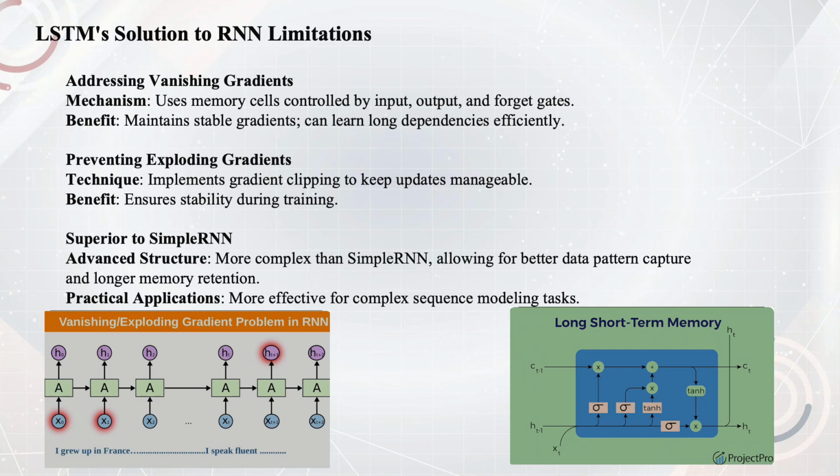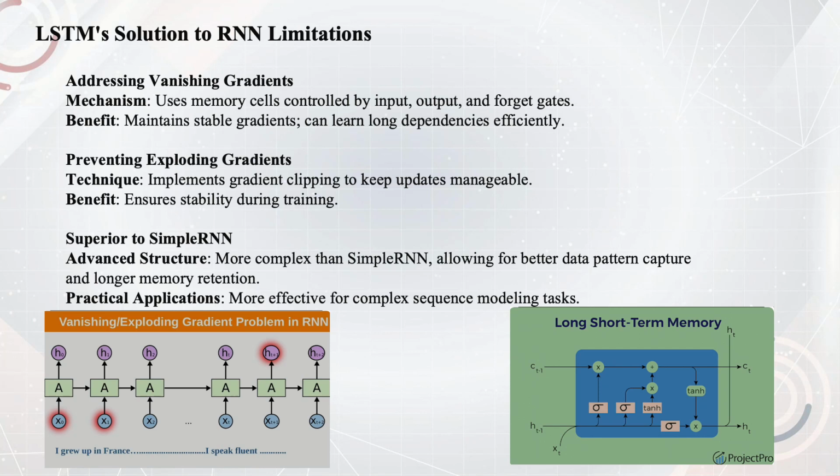The next one is coping with the exploding gradient. In this situation where we have the exploding gradient, there exist methods such as gradient clipping in LSTMs, whereby any gradient exceeding some threshold is reduced before applying updates, so as not to destabilize the learning process.